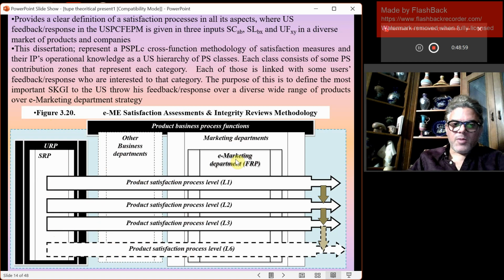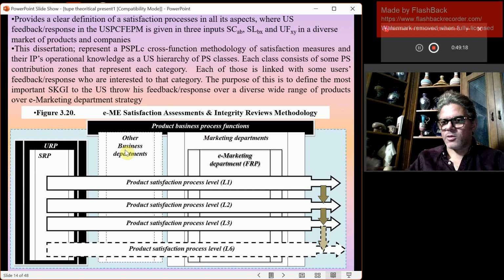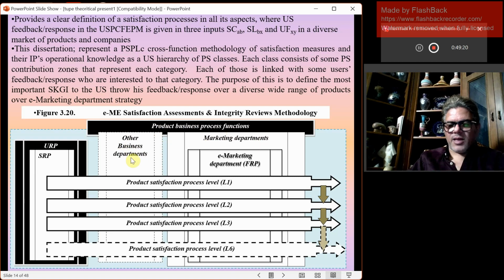So the e-marketing department in the framework requirements profile of the marketing department in the product business process functions, and then I put it this for future work: sales, finance, whatever, could be natural sciences.